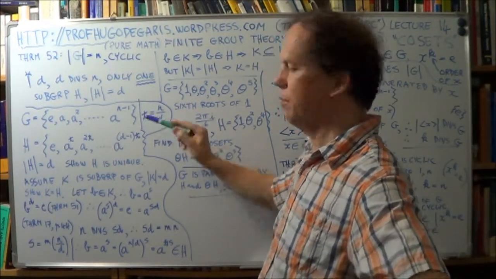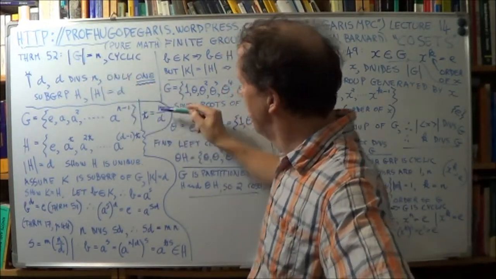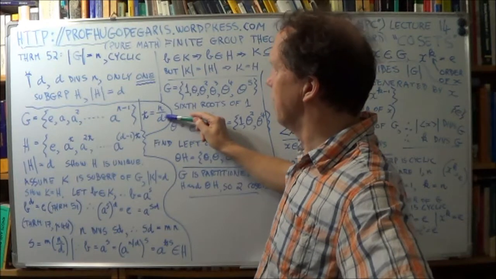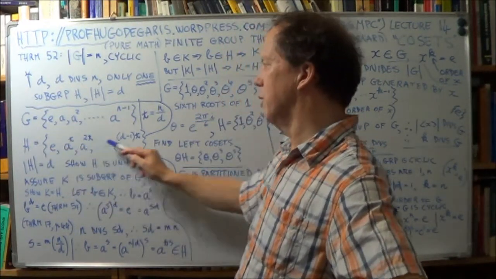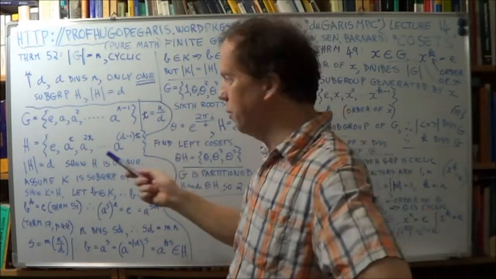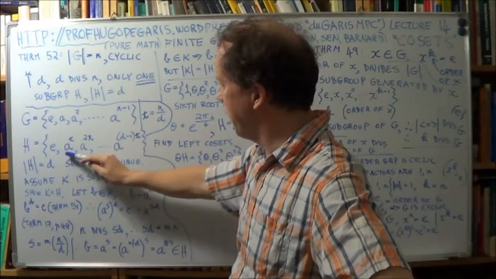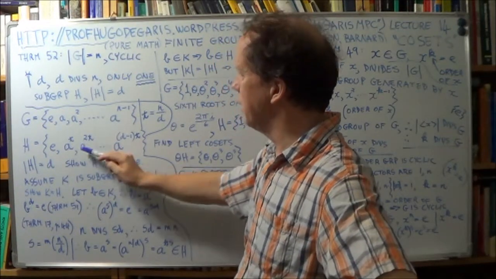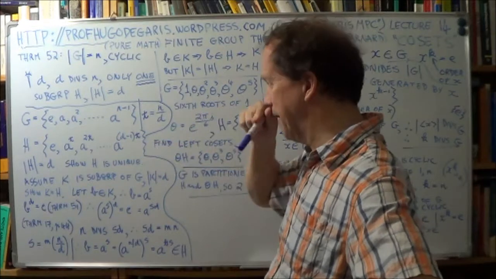It's the result that you get when you divide the order of the group by this divisor. You get t. So you can form a subgroup. It will also be cyclic. That's a theorem we did earlier. To this power: a to the t, a to the 2t, up to a to the (d minus 1) times t.